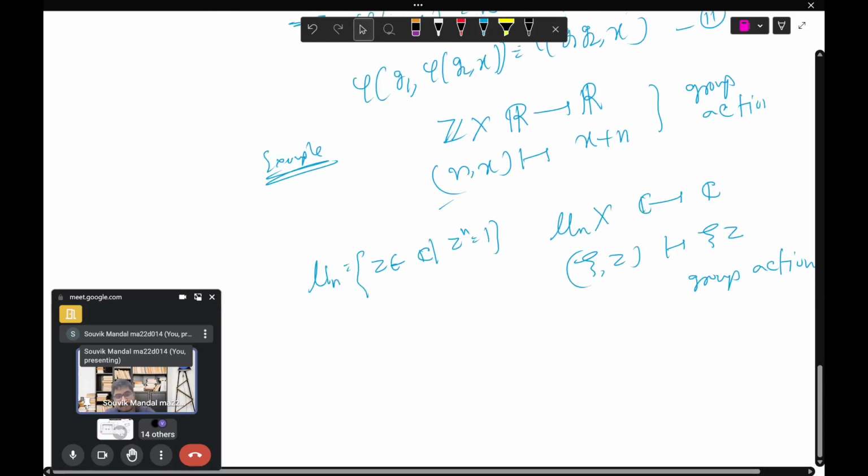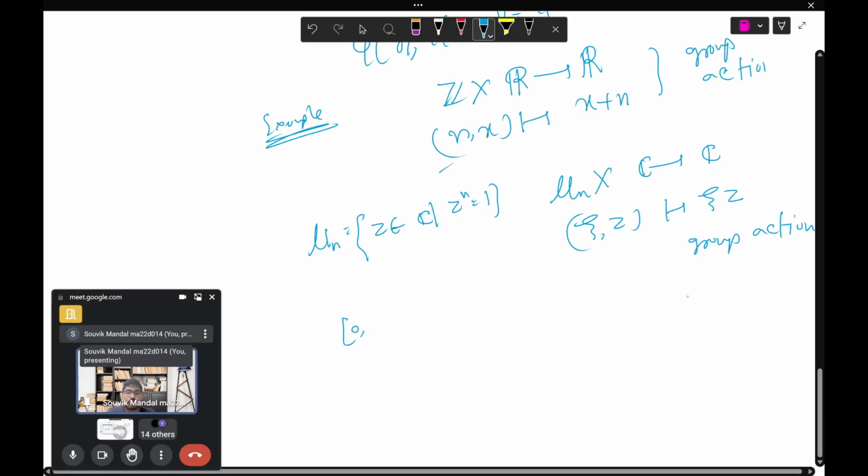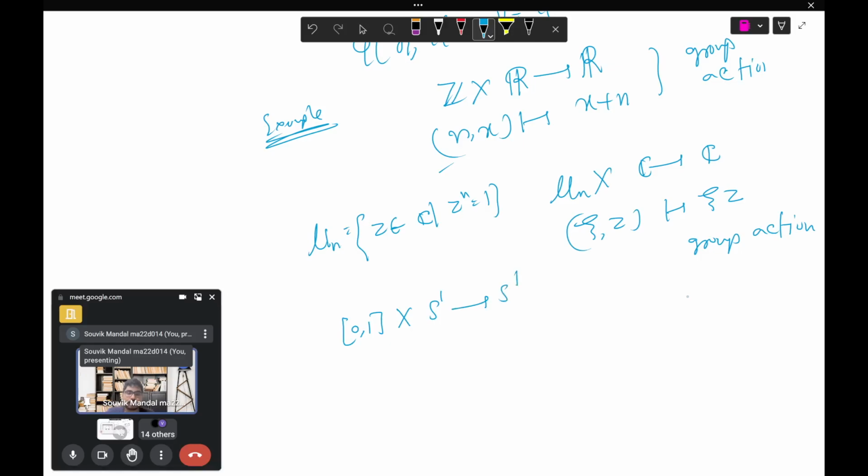Similarly, the circle: (t1, e to the power 2 pi i t) goes to e to the power 2 pi i (t plus t1). It is a group action. So these are some definitions and examples.